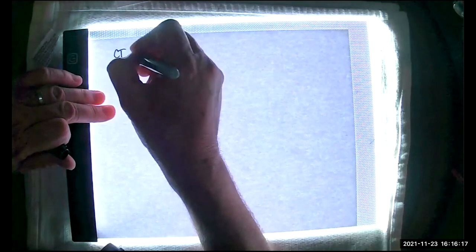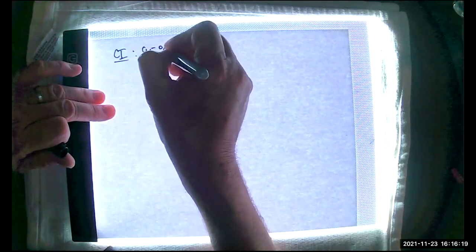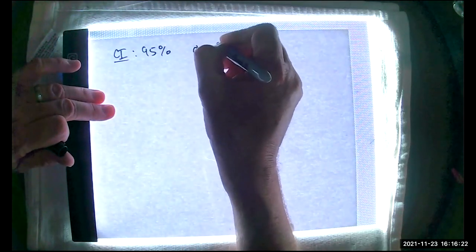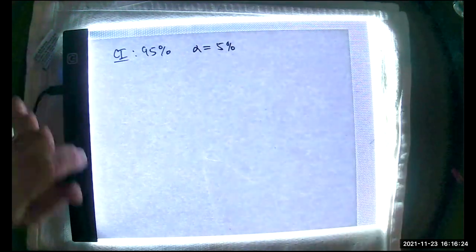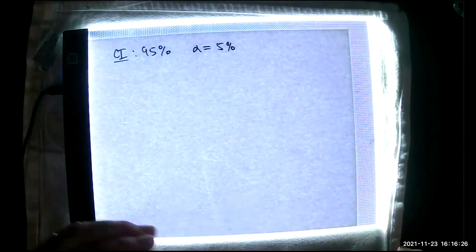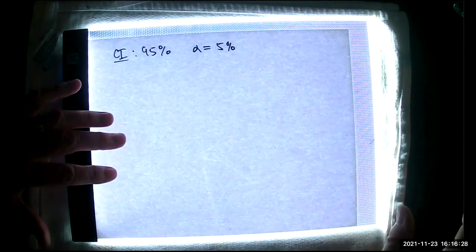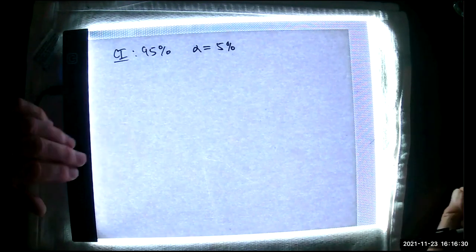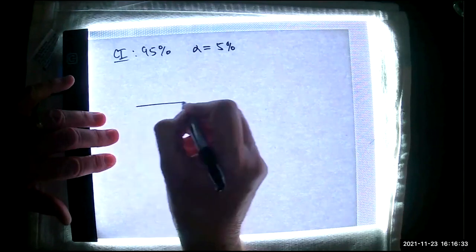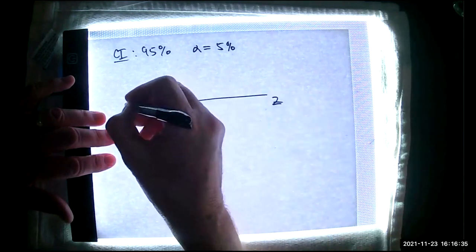So if we're building a 95% confidence interval, the alpha is 5%. That's the chance of making an error with the interval, getting an interval that doesn't contain the object we're trying to estimate.